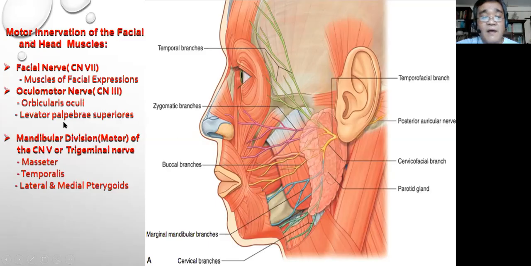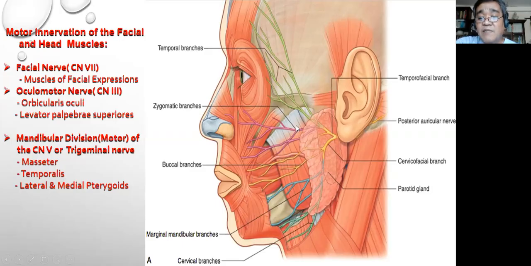Another motor innervation of the muscles of the face is via the mandibular division of the trigeminal nerve. This motor innervation controls the muscles of mastication, or the muscles that we use when we eat.